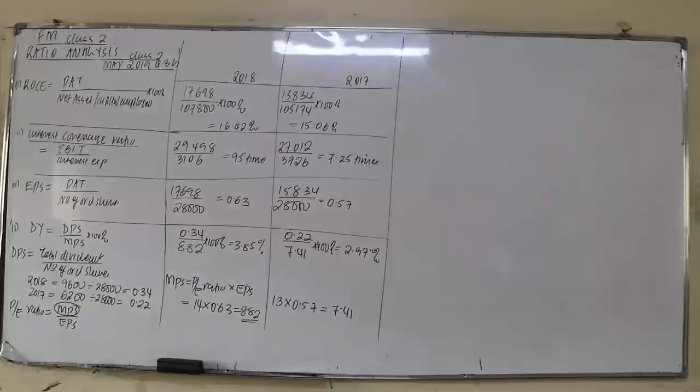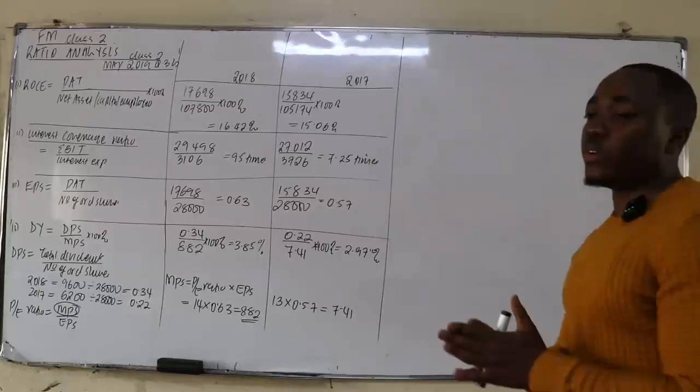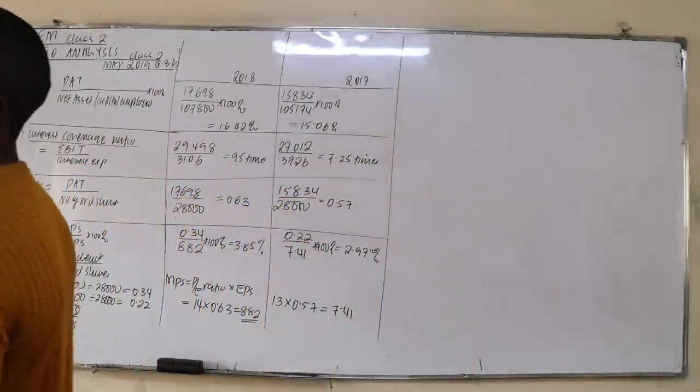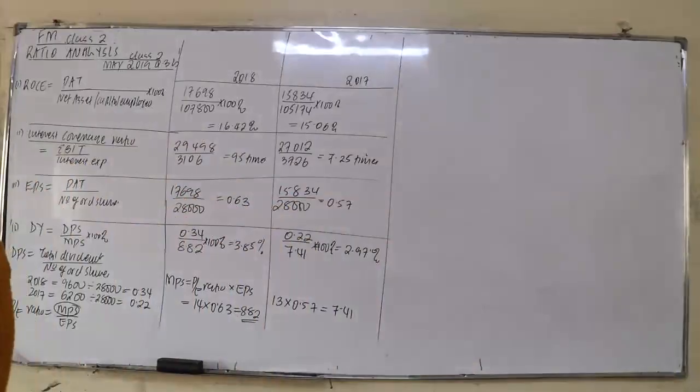Number two, ratios help to determine the efficiency with which the company utilizes its assets to generate returns.